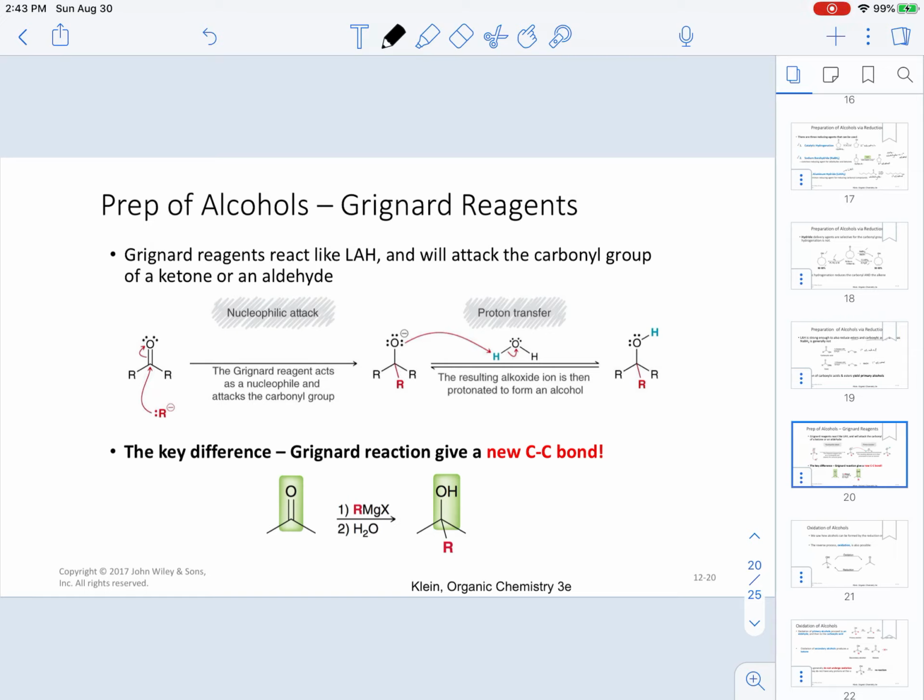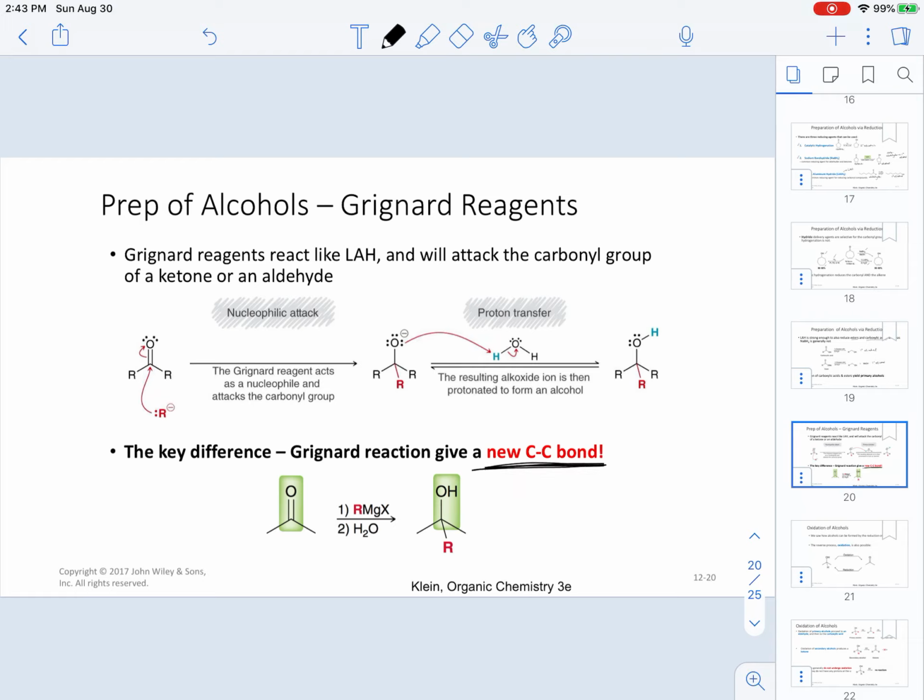Lastly, we are going to be reviewing Grignard reagents. Understand that they act like lithium aluminum hydride. It's just that in this instance, the reagent is going to be attacking the carbonyl group of an aldehyde or a ketone. Now, every time we use a Grignard reagent in order to prepare an alcohol, understand that we are going to be forming a new carbon-carbon bond.